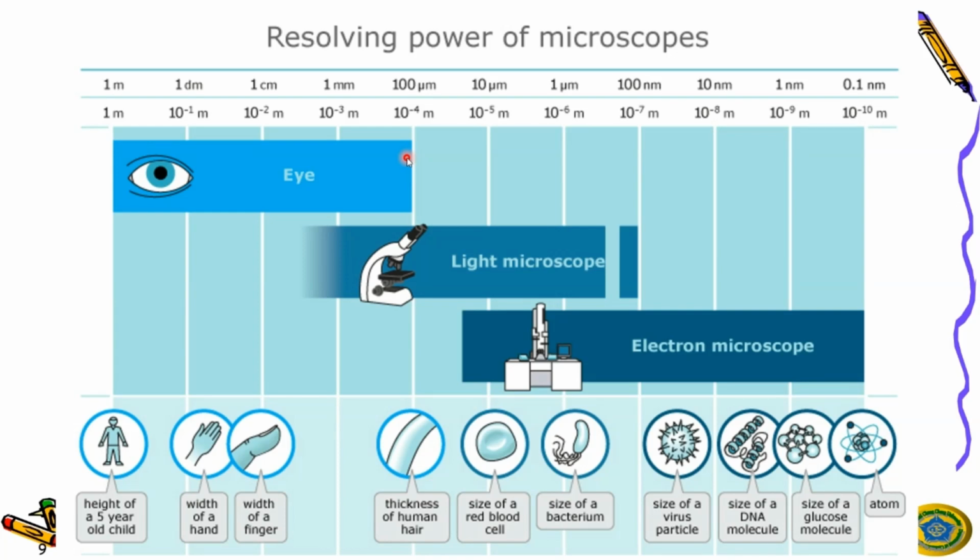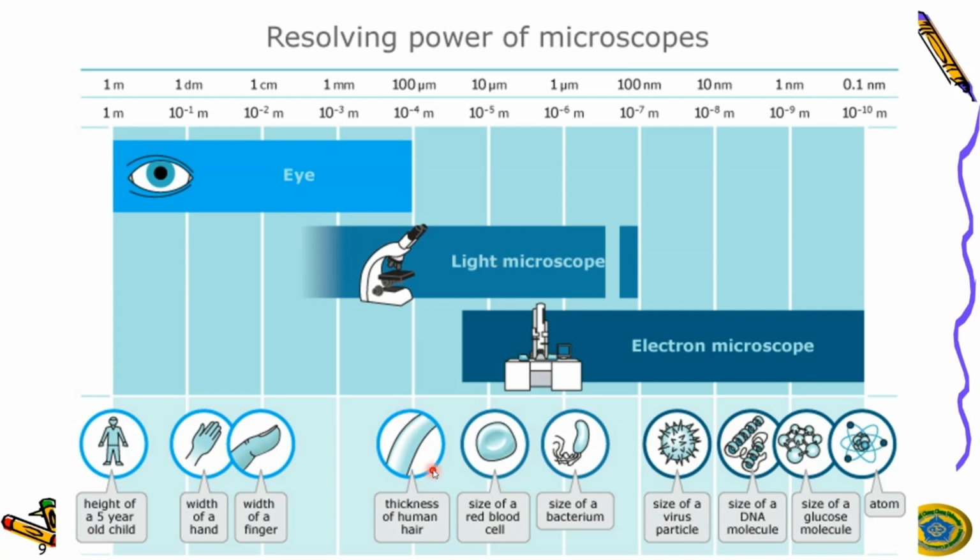Below 100 micrometer, you cannot see, and you need help from a light microscope to see things in detail.